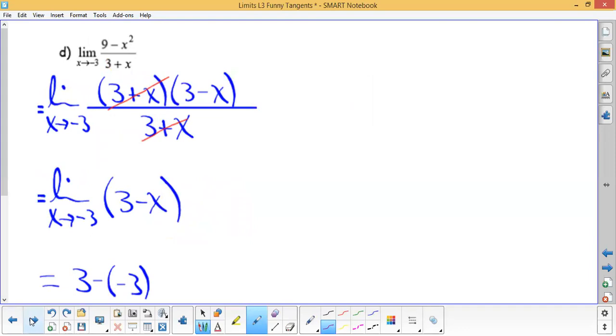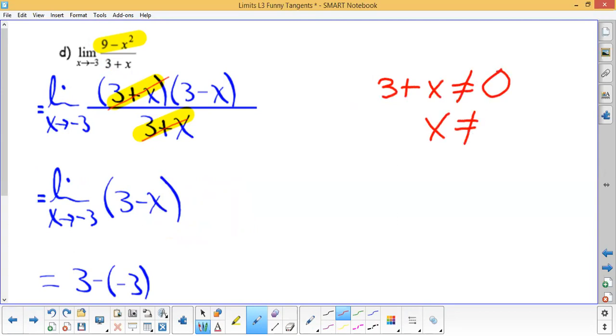Now, something we have to be aware of for a question like this, we can't just use direct substitution. We need to factor. You need to factor when you're able to factor. The numerator is a difference of squares situation. So if I didn't factor it, I would be unaware of this removable discontinuity that would happen if I take 3 plus x, set it equal to 0.